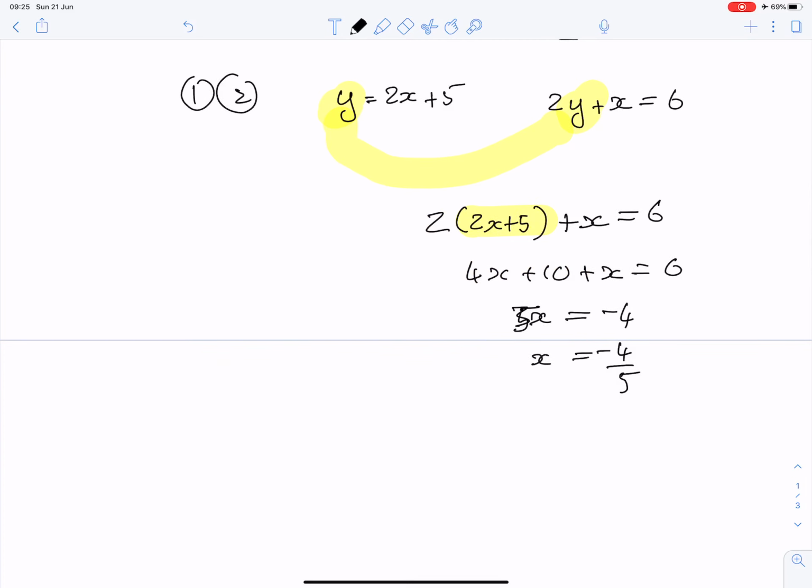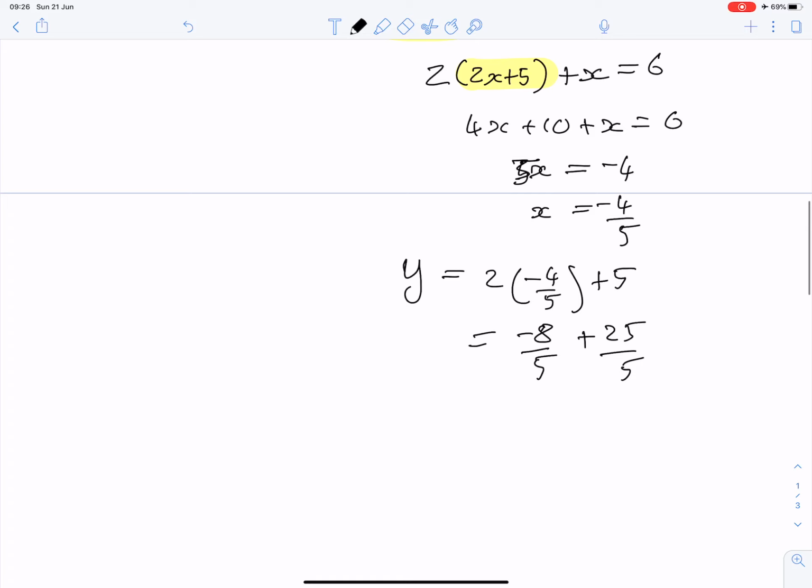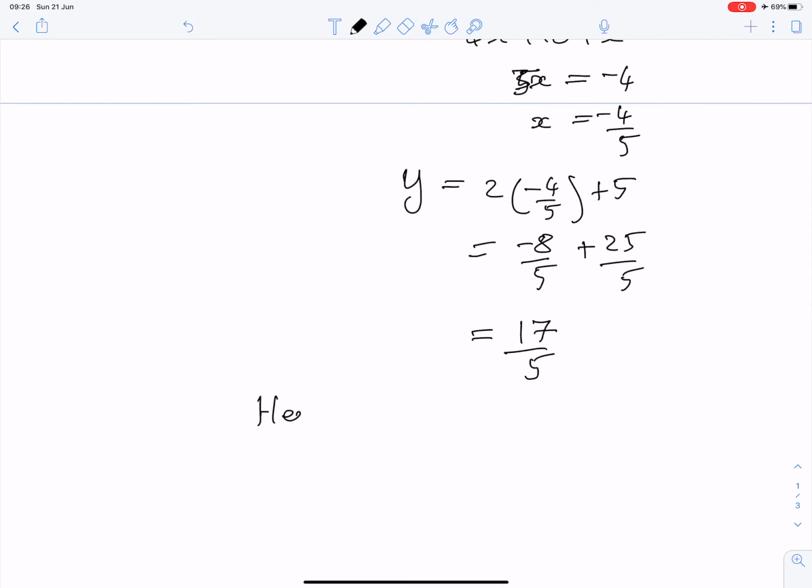Substitute it in to find y, so y is equal to 2 lots of minus 4 over 5 plus 5 equals minus 8 over 5 plus 25 over 5. So that gives us 17 over 5. So the height is equal to 17 over 5 minus 2, and we can think of that as minus 10 over 5, so that's 7 over 5.